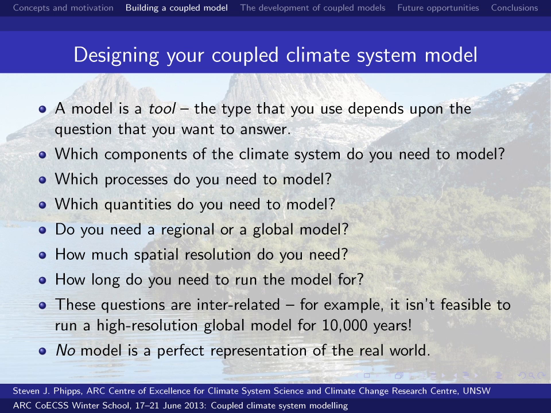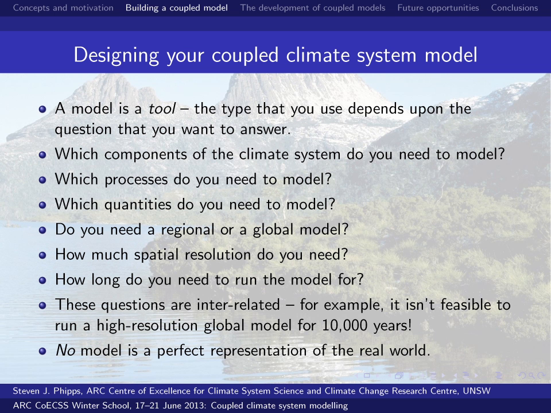So bearing that in mind, now you want to go away and design your own coupled climate system model. First thing to remember is it's a tool. All models are tools. So the type of model that you use depends upon the type of question that you want to answer. So before you even start, you have to ask yourself a lot of questions and determine what the answers are.